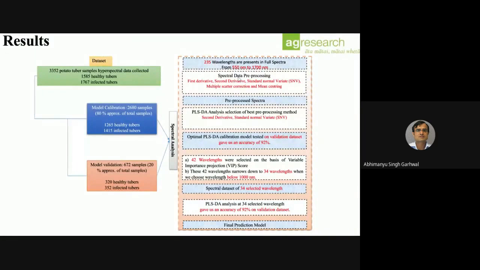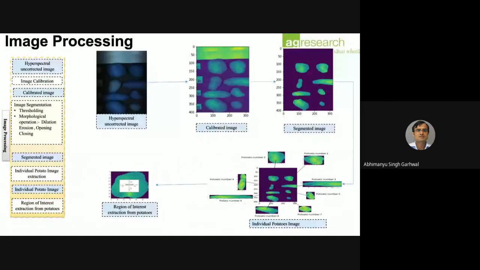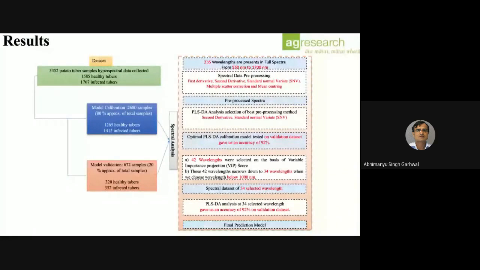Then we use some spectral data processing. That was the spatial image processing, and this is the spectral part. We use first derivative, second derivative, and standard normal variate, because we want to identify which is the best approach for our case. So we applied all different kinds of pre-processing and identified the best one.